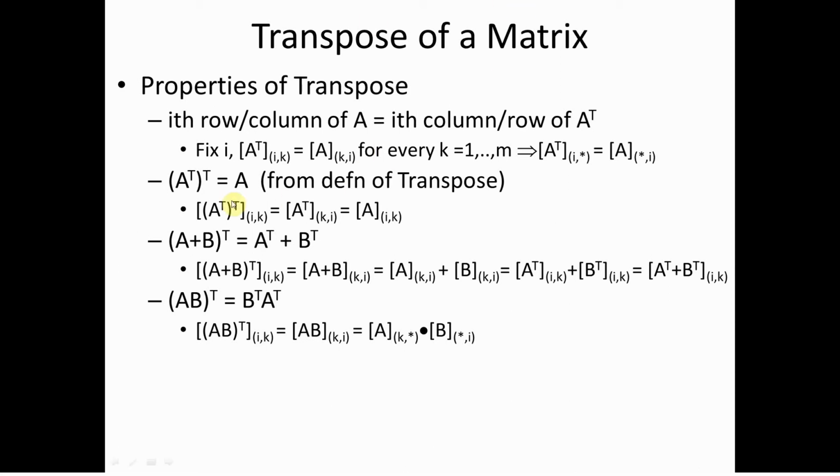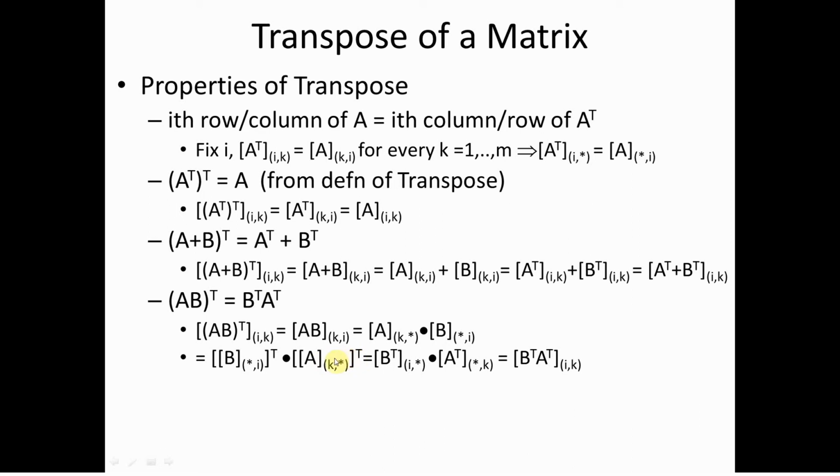Well, we take the kth row of A times the ith column of B. Okay, but we know that dot products can be reversed. In other words, X transpose times Y is equal to Y transpose times X. Okay, so I can reverse these. So this becomes the transpose of this column vector B times the transpose of the row vector A.